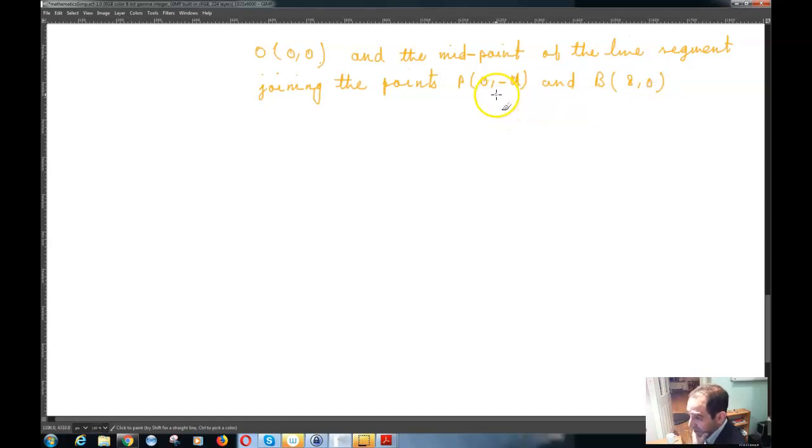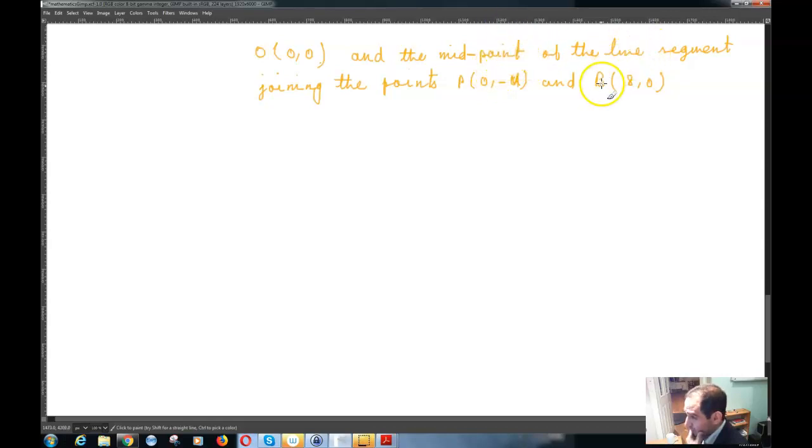Okay, so to understand the question, you want to find the slope of a line that goes through (0, 0) and another point, the midpoint of the line segment joining these 2 points.